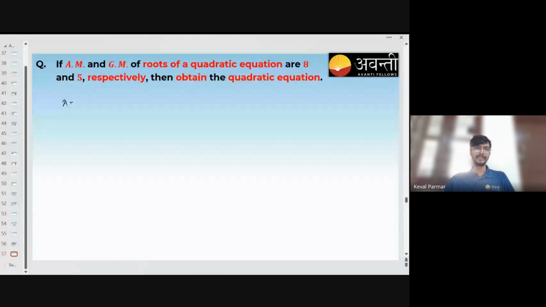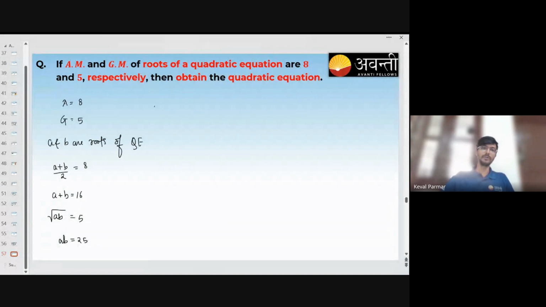That means A is given as 8 and G is given as 5. Let's say a and b are roots of the quadratic equation. So (a plus b) by 2 will be equal to 8, so a plus b will be equal to 16. And under root of ab will be equal to 5, that means ab will be equal to 25.